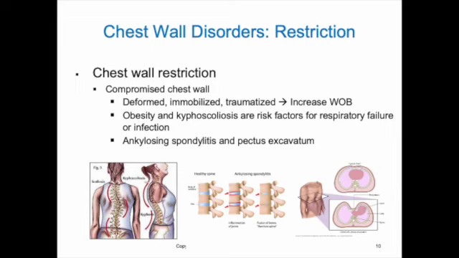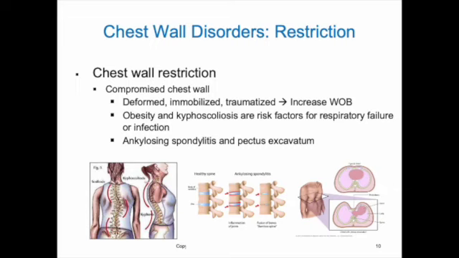In all, impairment of respiratory muscle function can be caused by neuromuscular disease. It can also be caused by the trauma itself, getting into a car accident, something putting increased pressure on the thoracic cavity or posteriorly on the back.